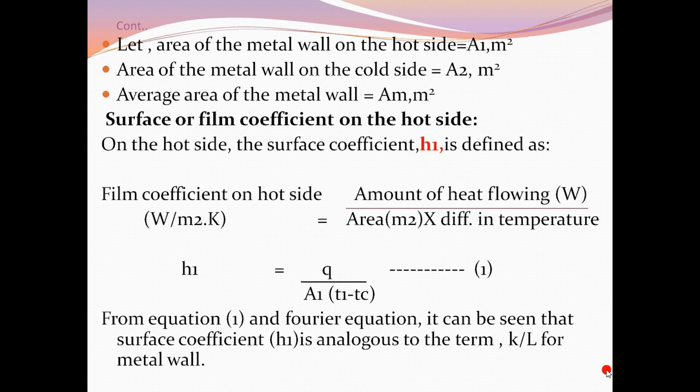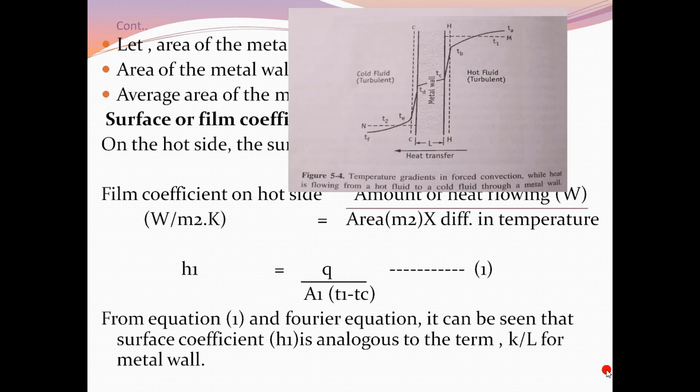But we consider here the hot fluid side only, that's why it is H1. So the equation is H1 equals Q divided by A1 into (T1 minus Tc). T1 minus Tc is the temperature drop at the hot fluid side.